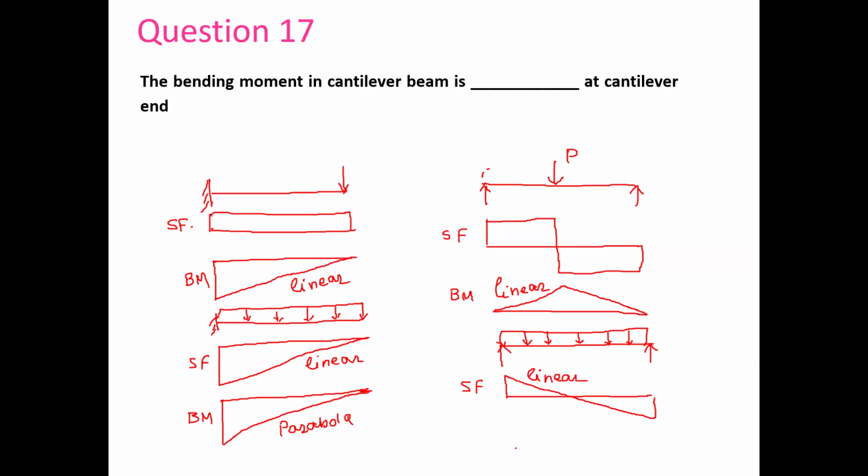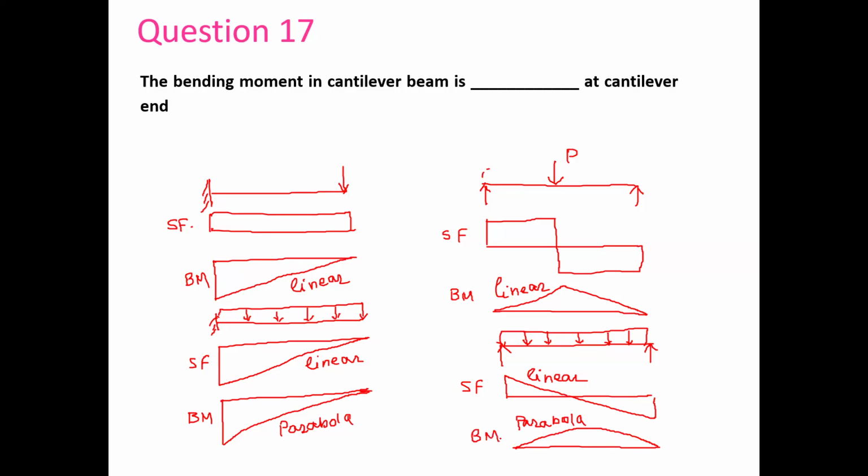And then you have the bending moment diagram. If we draw upward, this will be the compression side. If we draw downward, it is the tension side. So this is a parabola. So we know all these diagrams.